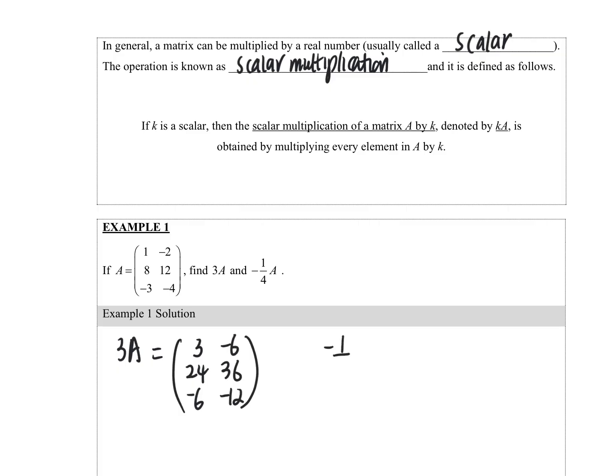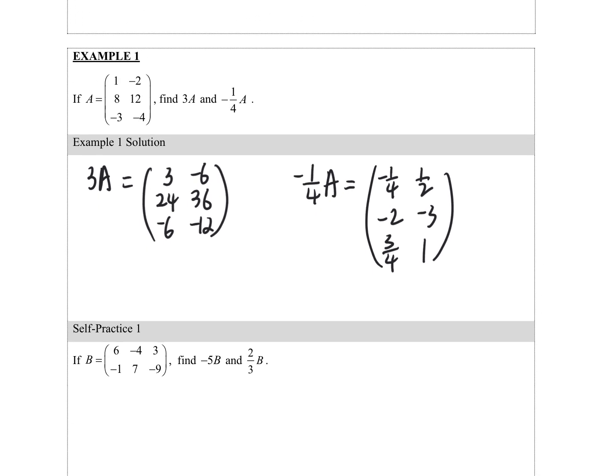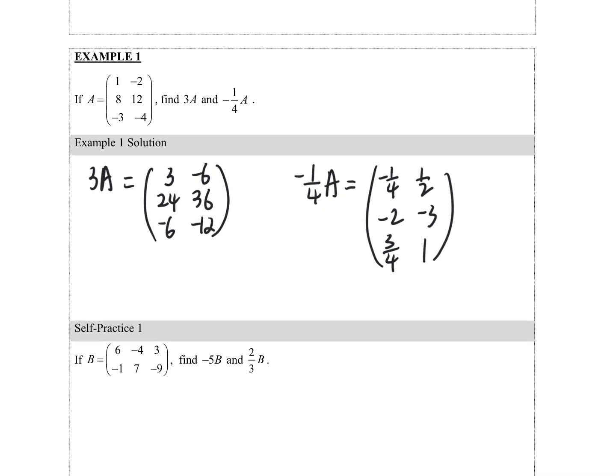When they say minus 1/4 A, every single entry you see there, multiply by negative 1/4. Okay, this one's still very simple. Scalar multiplication is still very simple.